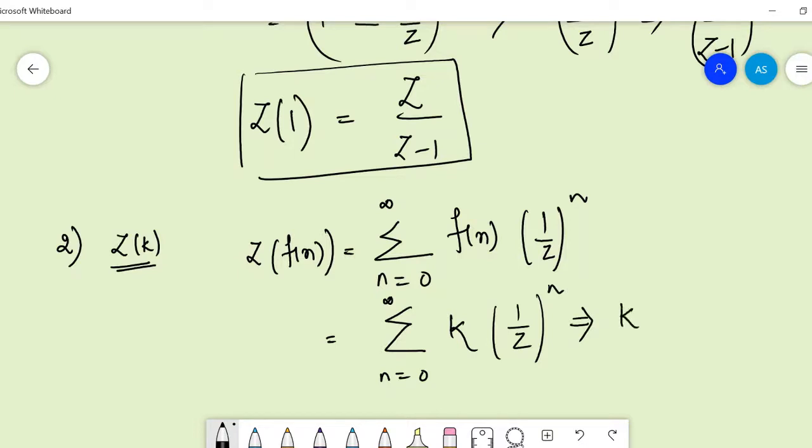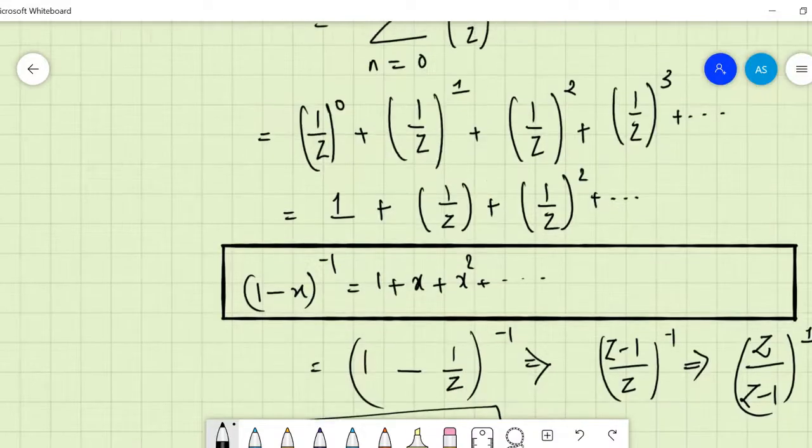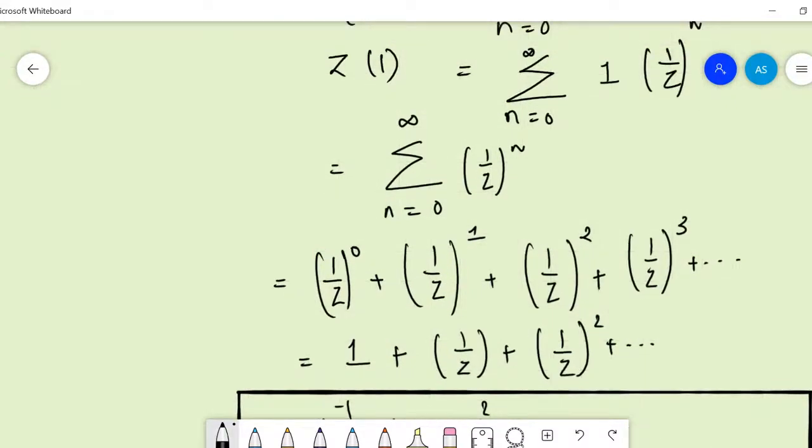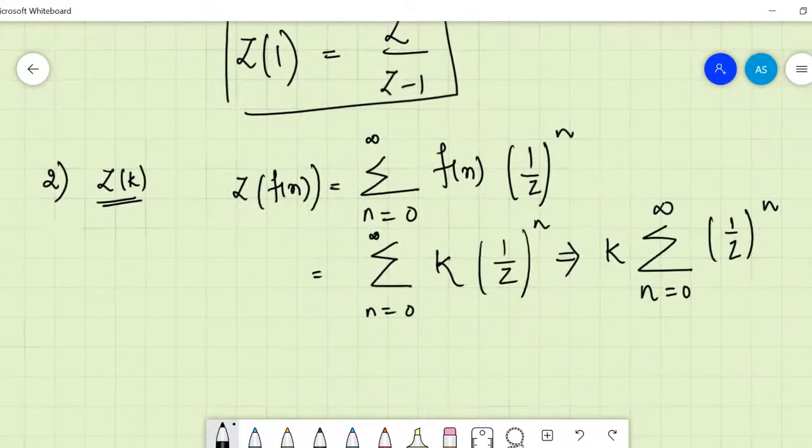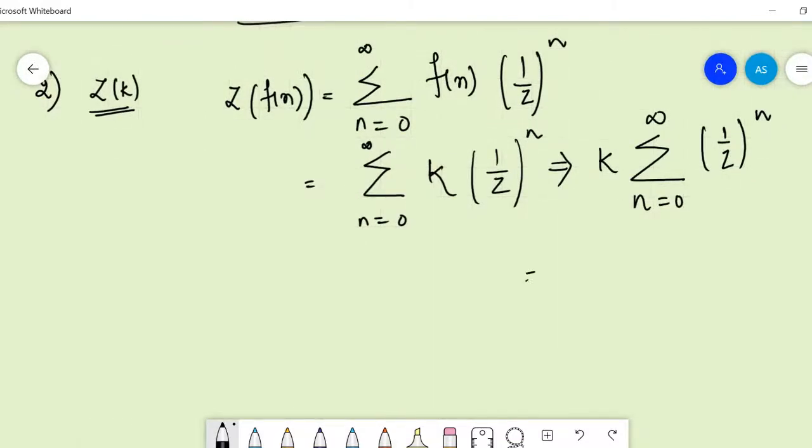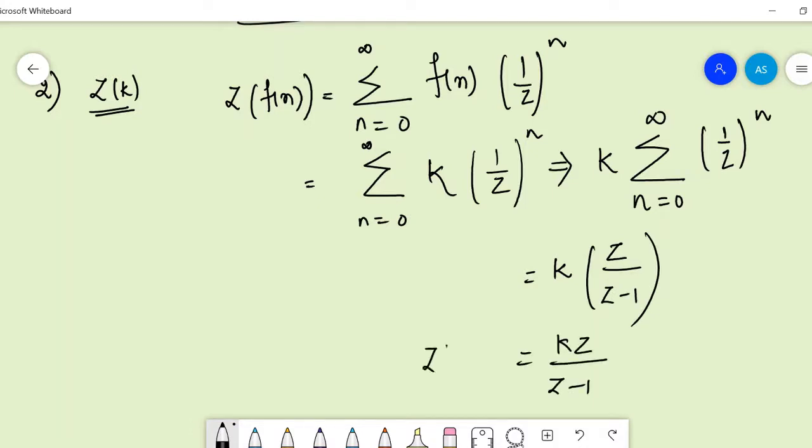Since k is a constant, we can write k times summation n ranges from 0 to infinity 1 by z whole power n, the same result which we have used in the previous result. So k times z by z minus 1, kz by z minus 1, is the Z transform of the constant function k.